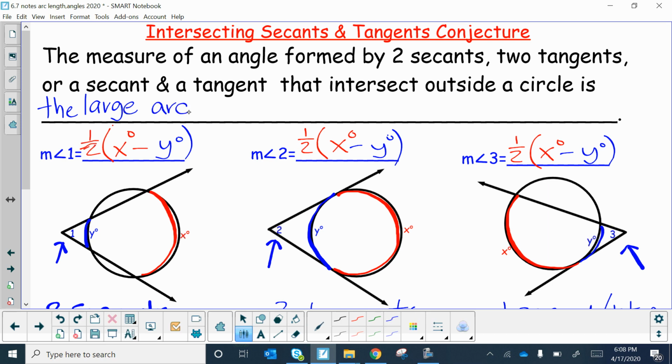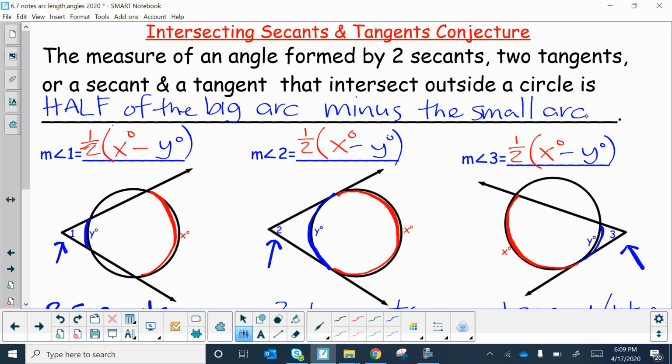Or actually, let me start over. Actually, I'm going to start off with half, because that's a big deal. Half of the big arc minus the small arc.